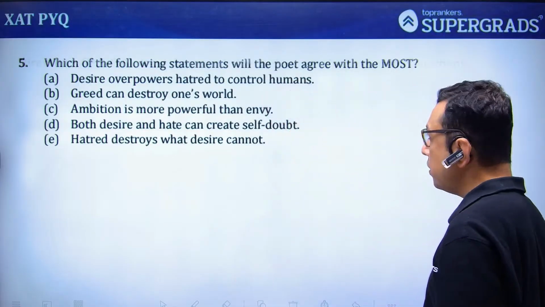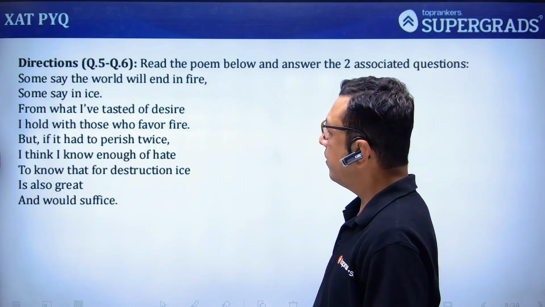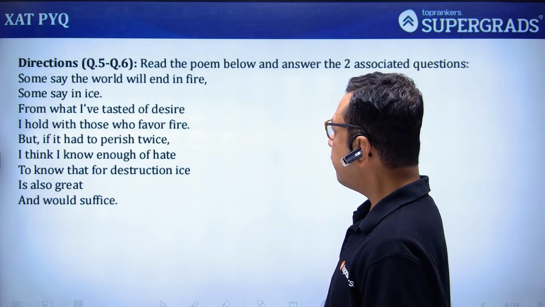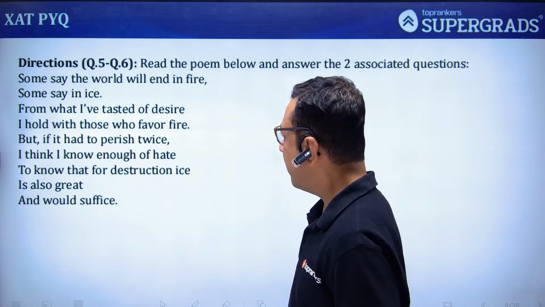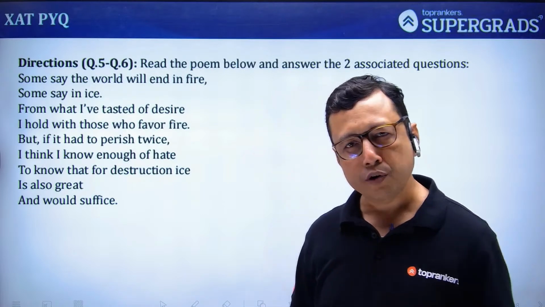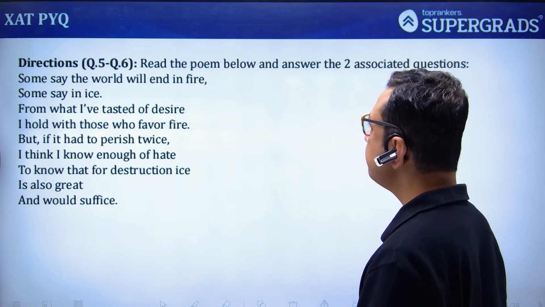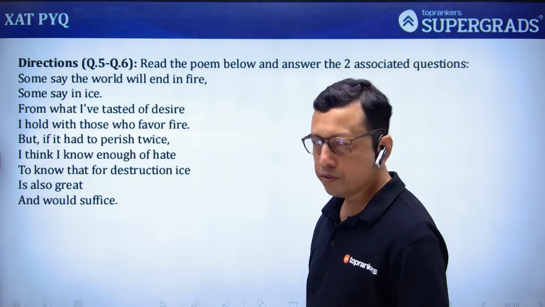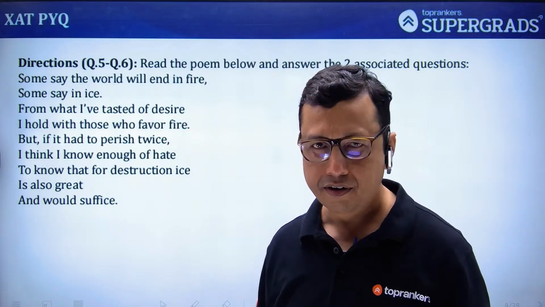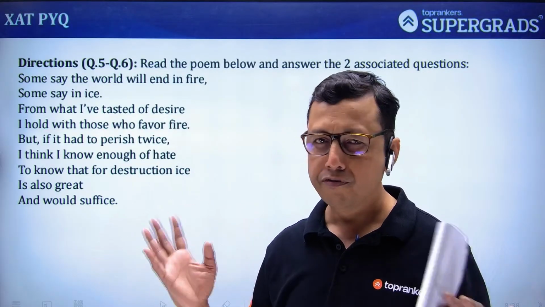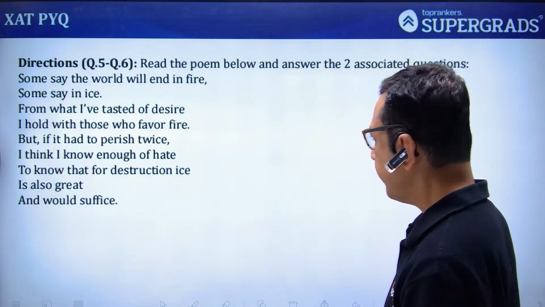As you can see, the poem simply says, be it fire or ice, ultimately, whether it's desire or hate, both will lead to destruction. Yes or no? Whether it's desire or hate, ultimately it will lead to destruction. So there is no concept of desire overpowering hate.